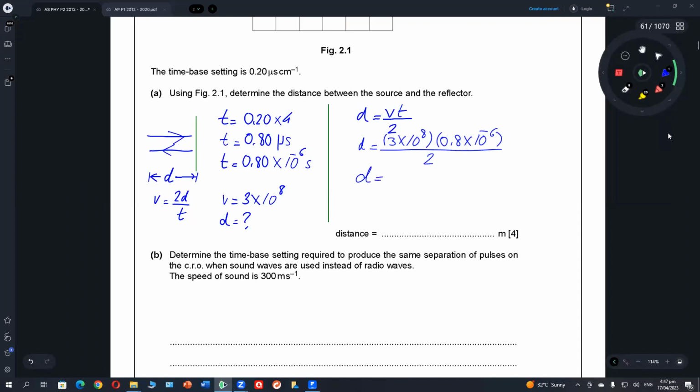So I made these steps. It is coming as 120 meters.